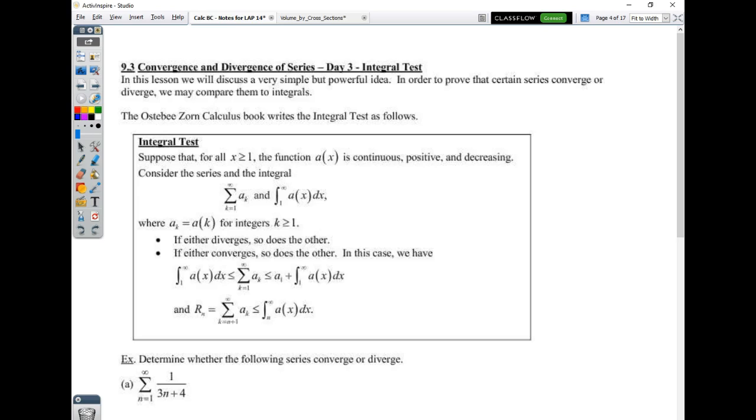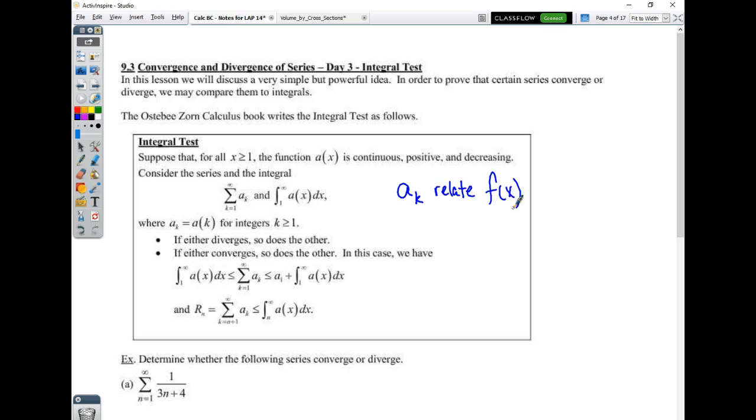It is going to work on any series that we have. Just because it works doesn't mean that it's going to necessarily be easy. But conceptually, it's pretty straightforward. It works a little bit like this. If I have some sort of series that produces terms such that I have some a of k, I want that a of k to relate to some f of x.